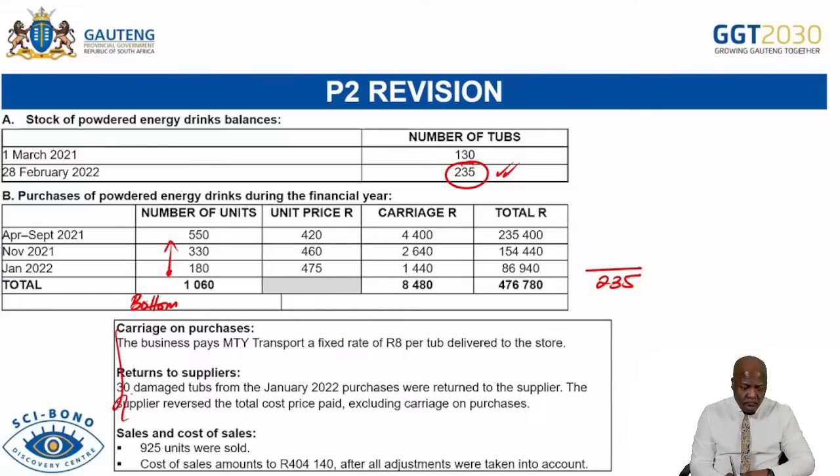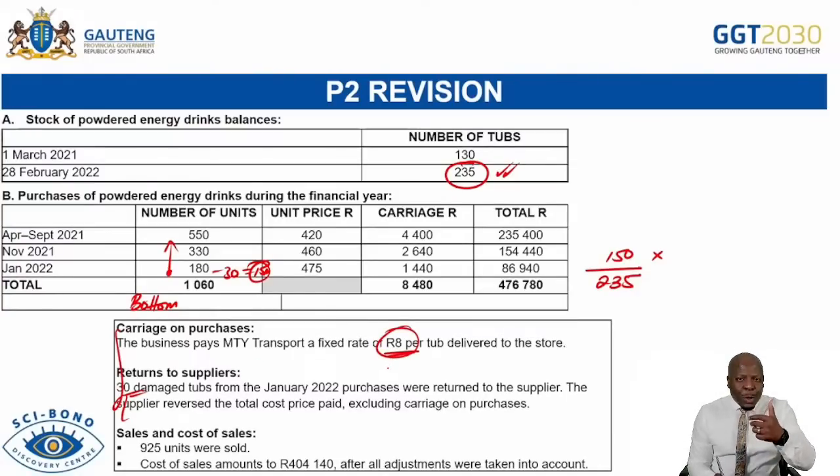For example, 30 damaged tabs were returned to the supplier. So, I'll come to the 180, subtract 30. Therefore, I'm left with 150. That is what I'm left with. So when I come here, I'll say 150. Then I multiply that. I know that I'm going to pay carriage of 8 rand per tab.